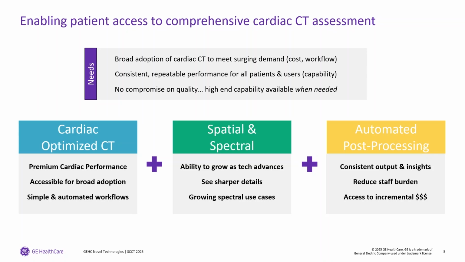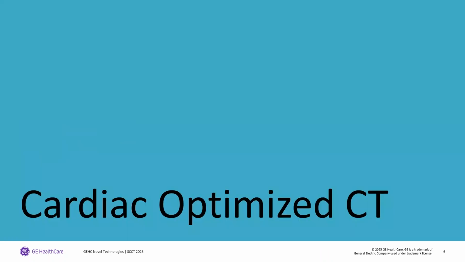We also want to make spatial and spectral resolution capabilities available when you need it. And finally, we want to bring it all together with automated post-processing tools that can provide consistent insights and reduce overall staff burden in processing. So let's start with the CT.